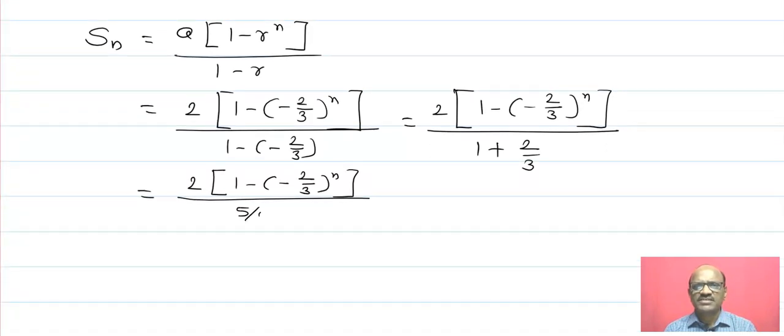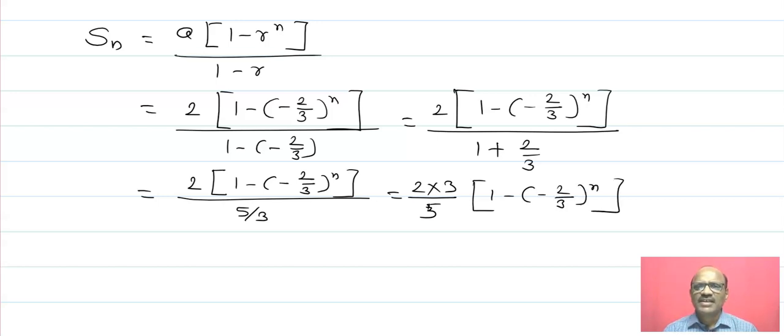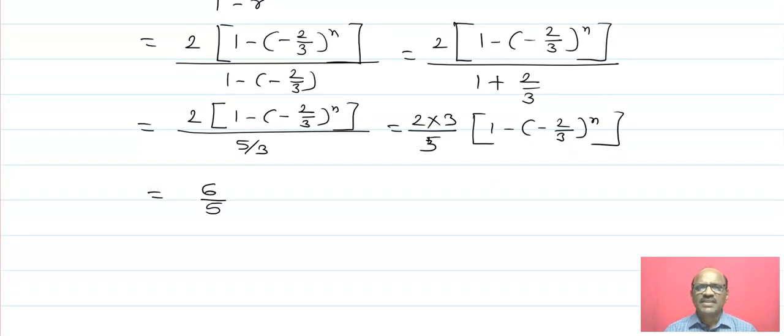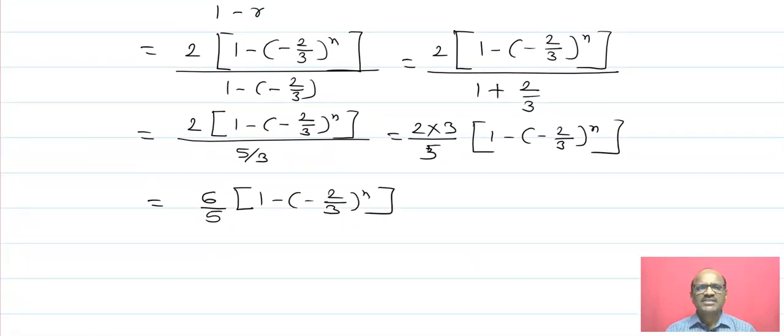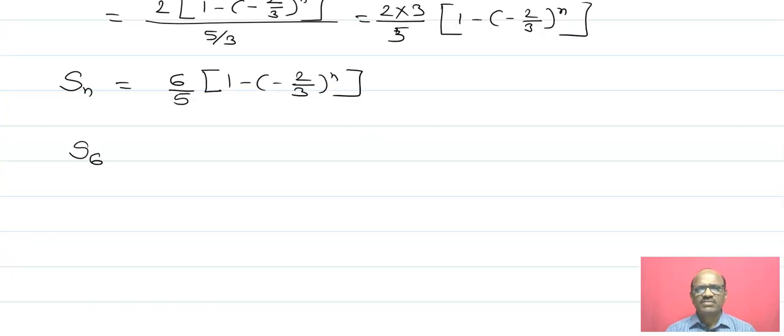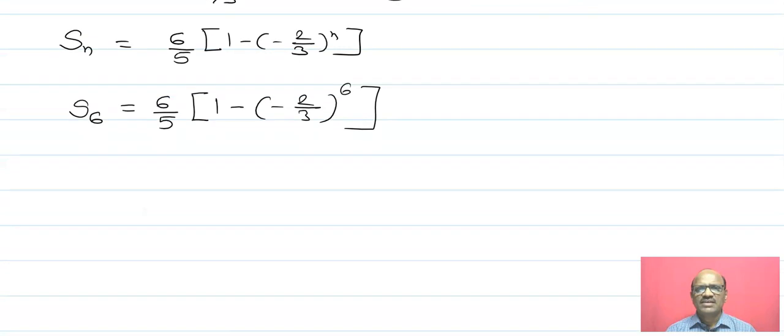Now simplifying this, you are getting 2 in square bracket 1 minus in bracket minus 2 by 3 bracket raised to n upon 1 plus 2 by 3, and after simplifying you are getting 6 upon 5 into 1 minus in bracket minus 2 by 3 bracket raised to n. Normal simplification is there. You can understand this simplification. Therefore, Sn is equal to 6 by 5 in square bracket 1 minus in bracket minus 2 by 3 bracket raised to n.